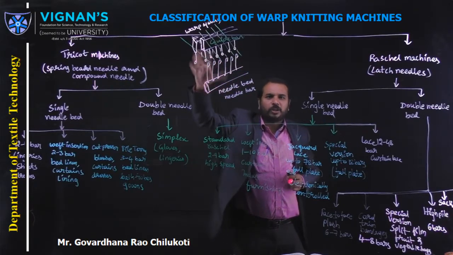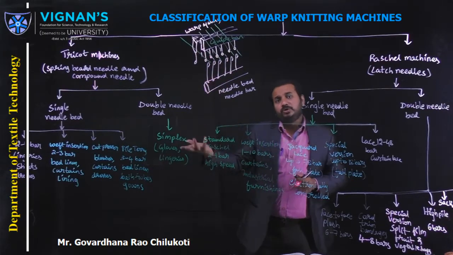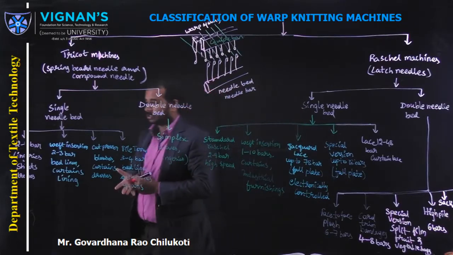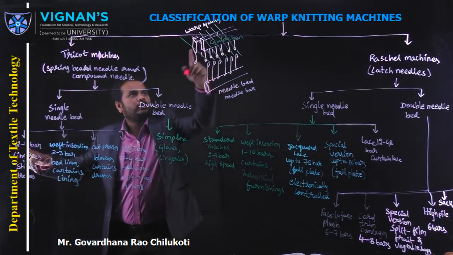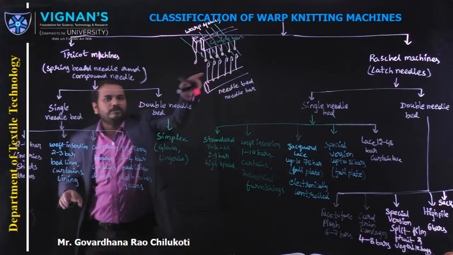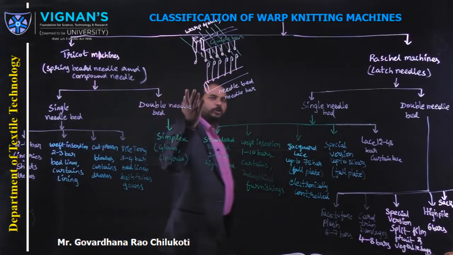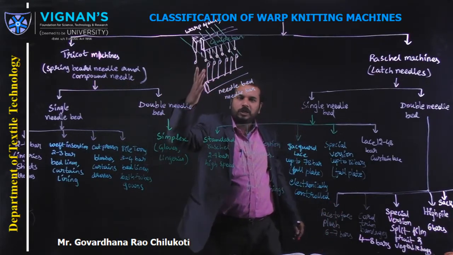Depending on the order in which the yarn is fed to the needle bed, complicated structures are produced. That is why, as I told, 2 to 5 guide bars. The needle bed is only 1, so out of these 5, we can feed any one of the guide bars to the needle bed.